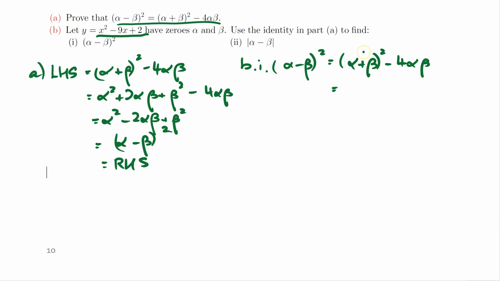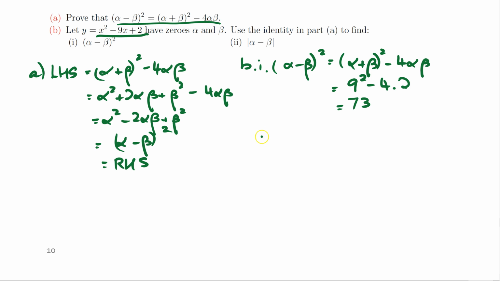Alpha plus beta is minus b over a, so that's minus 9 over 1. So that's plus 9 squared minus 4 times alpha beta, and alpha beta is c over a, which is 2 over 1, which is 2. So it becomes 81 minus 8, which is then 73.